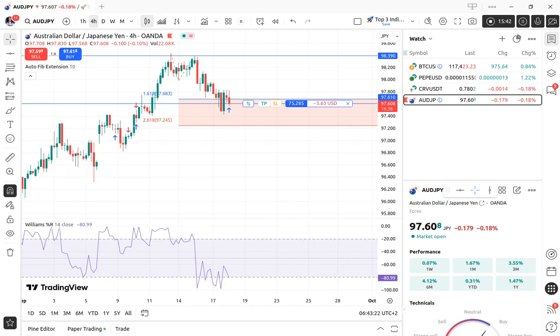This is a 4 hour entry chart. To cut the long story short, it's a 4 hour entry chart. So we're going to exit here on the 4 hour chart.